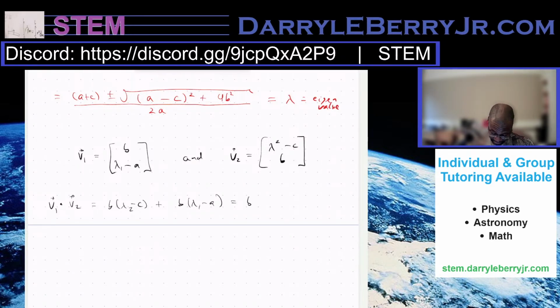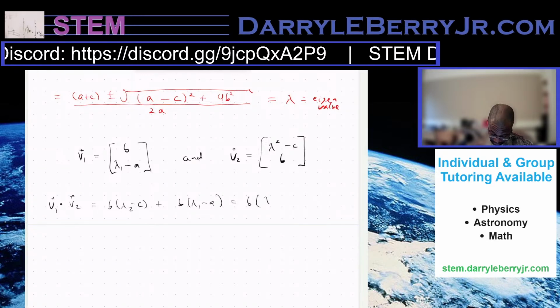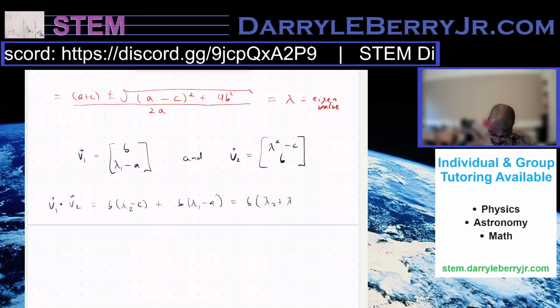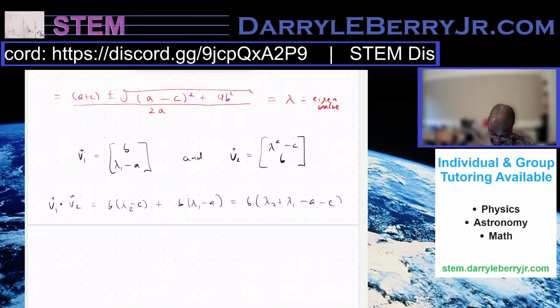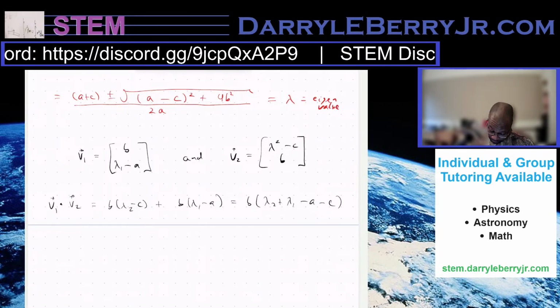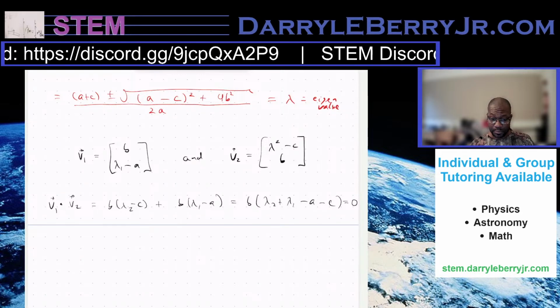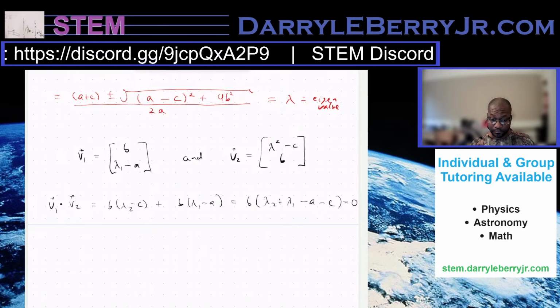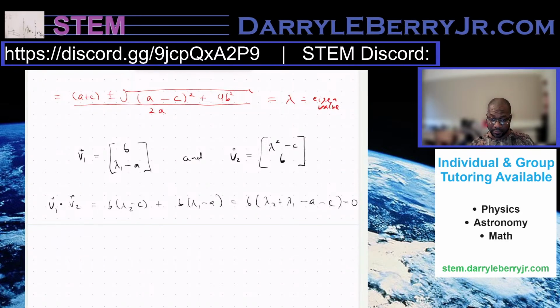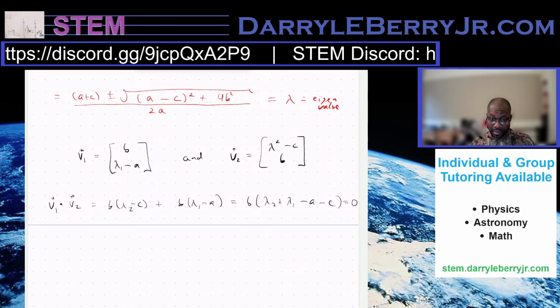So that equals b times (lambda 2 plus lambda 1 minus a minus c) equals 0, right? So eigenvectors are orthogonal.